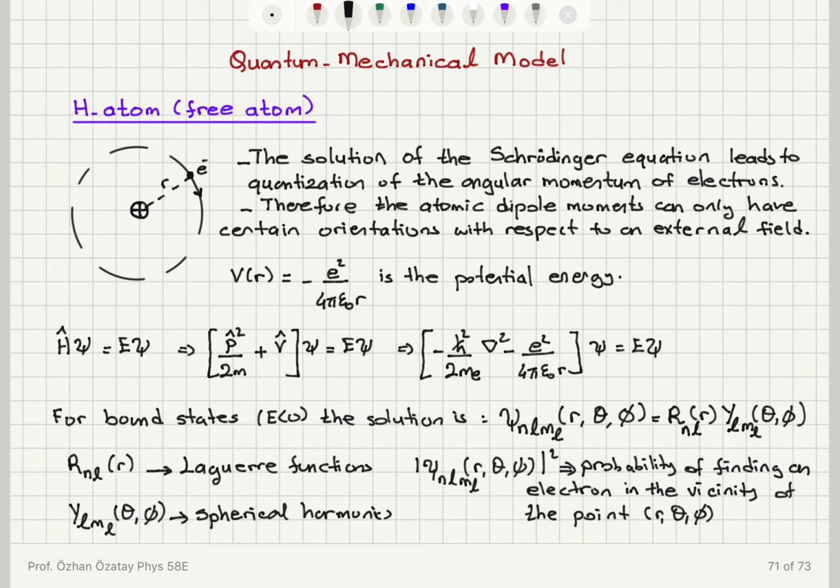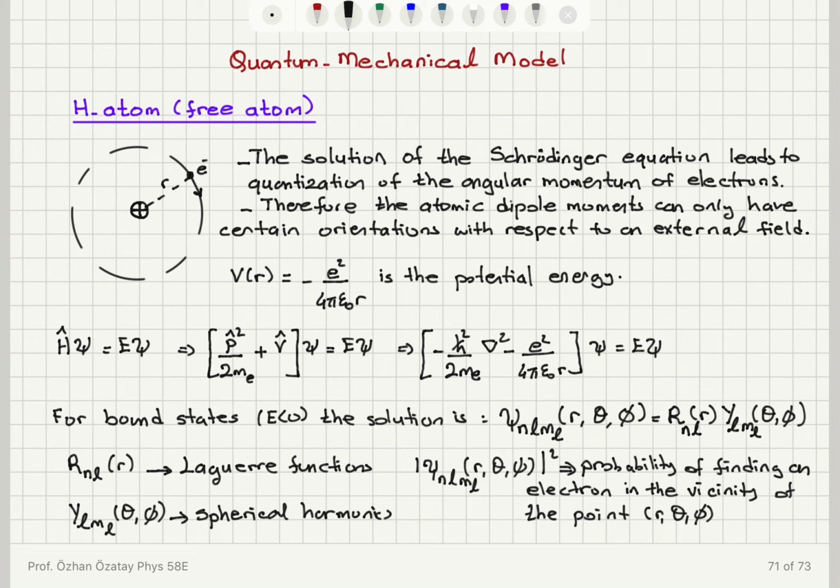We see that the solution of the Schrodinger's equation, by considering the potential energy of the electron in the presence of a proton at a radial distance r, minus e square over 4 pi epsilon 0 r, by writing the Hamiltonian operator, momentum operator square, divided by twice the mass of the electron plus the potential energy operator applied to psi, gives us energy times psi, energy levels.